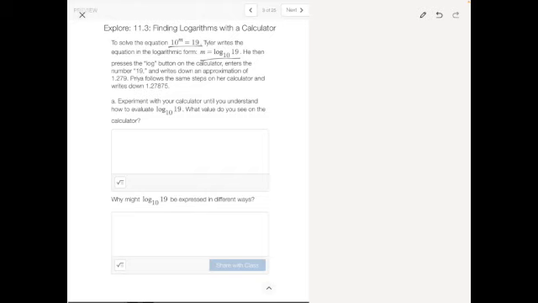He then presses log on his calculator, enters the number 19, and writes down the approximation 1.279. Priya, a different student, follows the same steps and writes down 1.27875. So you're going to try the same thing on your calculator, write down what you get, and then answer this question here.